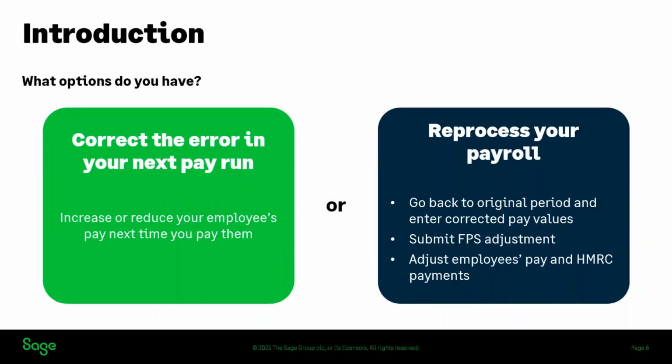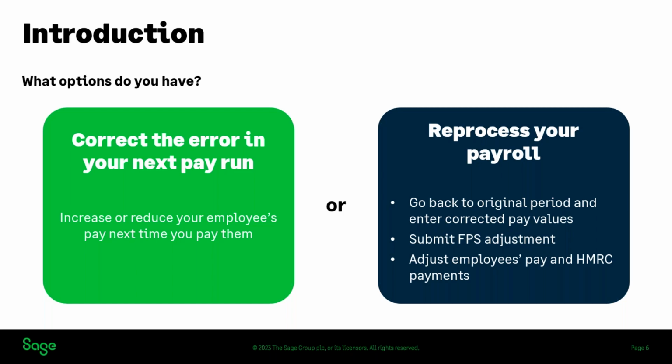So what options do you have when you realize you've made a mistake? Well, we have a simple option, so don't discount this one. What you could do, for many types of mistakes, is correct the error in your next pay run. So in the example of an over or underpayment, particularly small over or underpayments, you might simply choose to increase or reduce your employees' pay to account for that next time you pay them.